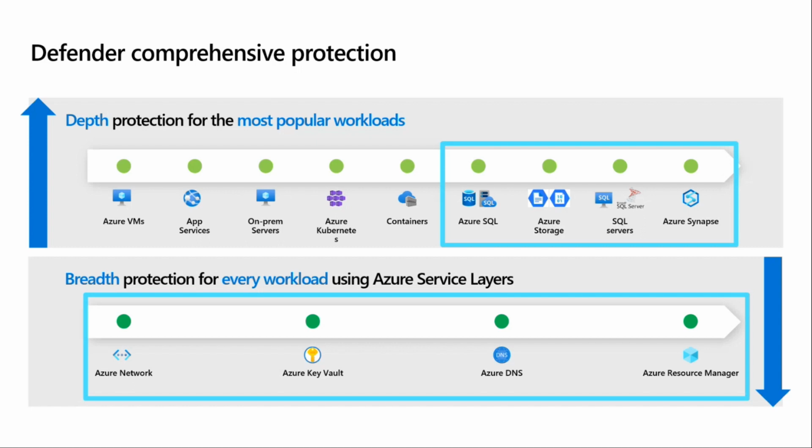The second set, at the bottom, offers cloud native breadth threat protection for every workload in Azure. That's workloads like Azure service layers, your Azure network, Azure DNS, Azure Resource Manager, or Azure Key Vault, right? Both cloud depth threat protection and cloud native breadth threat protection are provided through Defender for Cloud.